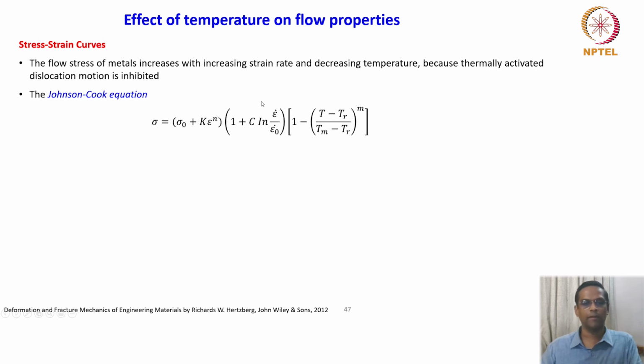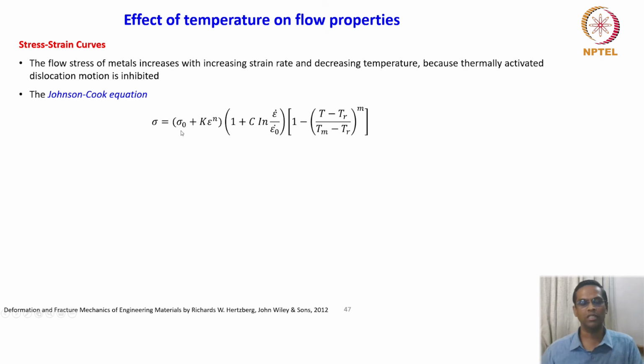So what does this equation tell? See, we looked at the flow behavior independently so far. Initially we looked at simple room temperature deformation, and then we looked at the strain rate effect, and then we looked at the temperature effect. So everything is combined in one equation.